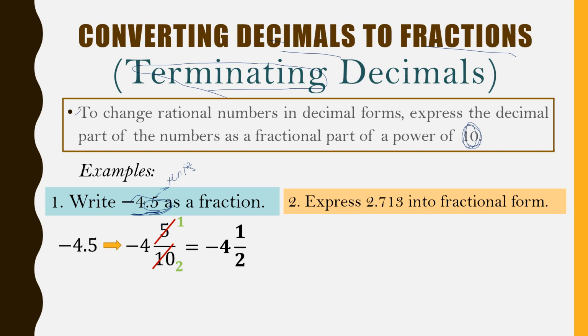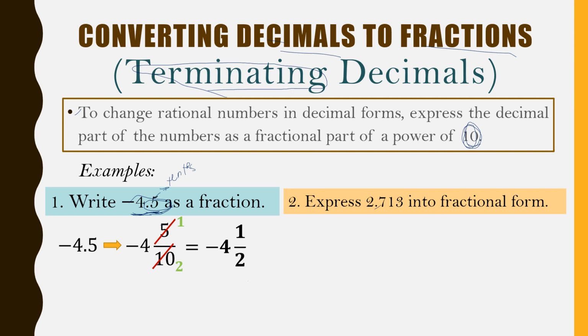Example number 2, so we have 2.713. Okay, so how do you read that? Instead of saying 2.713, we are going to say 2 and 713 thousandths. Am I right?